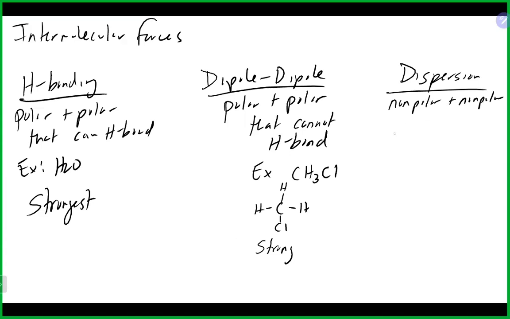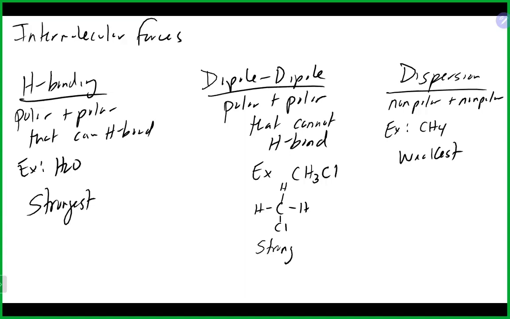These are going to be something like, for example, CH4, and this is going to be the weakest. Why are dispersion forces the weakest? It's because they involve nonpolar molecules. They have to have something happen for them to be able to do that interaction. When you have a polar molecule, it is good to go because it always has a positive side and a negative side. It doesn't need anything to happen to it because it always has those two sides, and that makes it relatively strong.